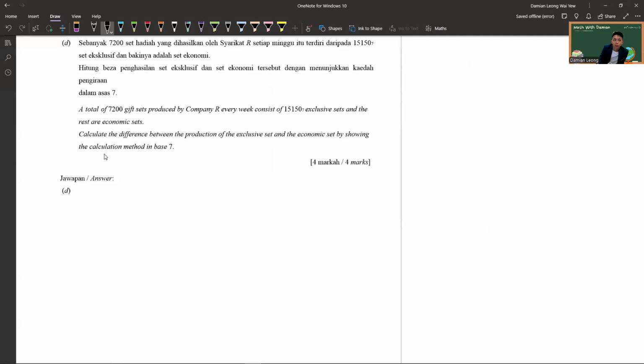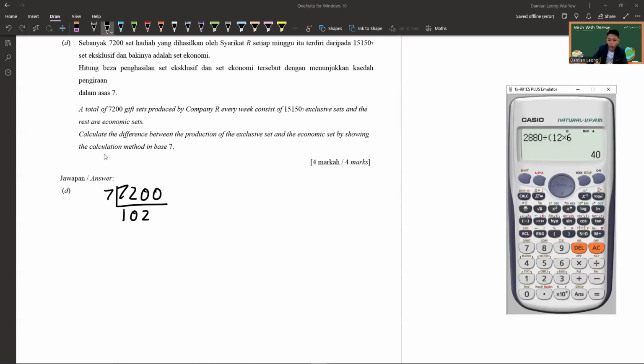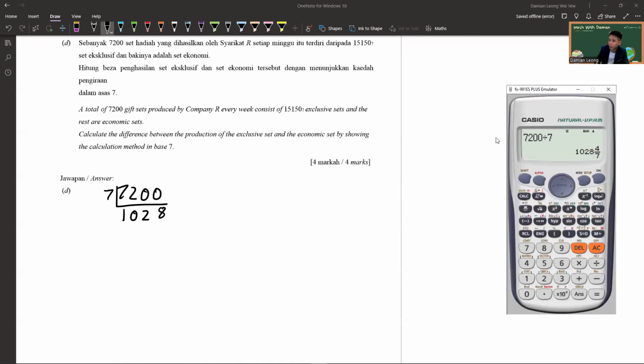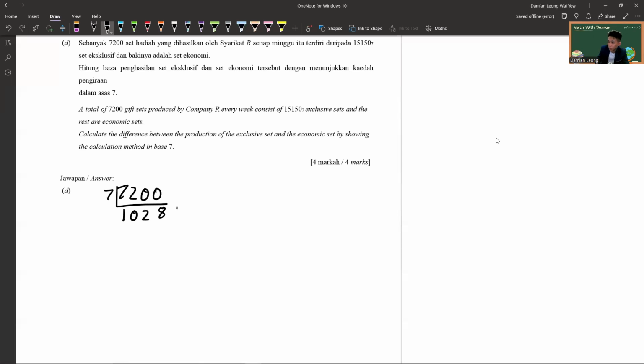Yeah. Let's count. 7,200 gift sets. Okay, this is base 10. So we convert to base 7. Divide by 7. 7,200 divide 7. 1028. The fraction part times by the base. 4 over 7 times 7 is 4.